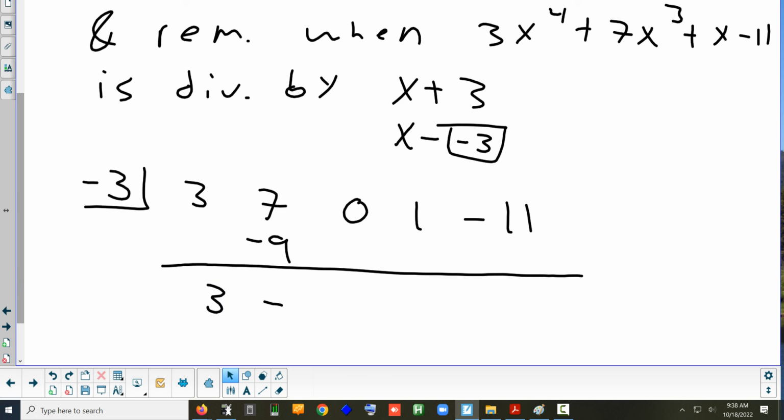Negative 2. Okay, Brighton, negative 3 times negative 2. Negative 6. Negative times negative is positive, yeah. So positive 6.